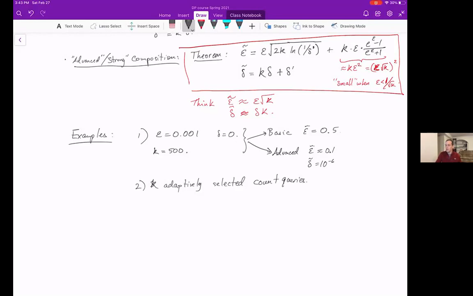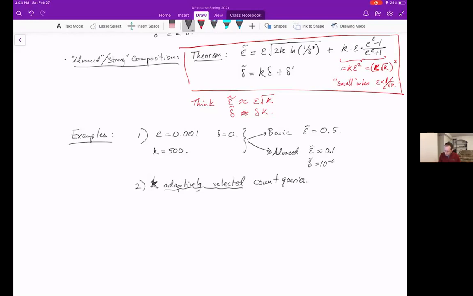What we saw with the Gaussian noise last lecture is that if those k count queries are selected ahead of time, then with Gaussian noise we can add something that scales roughly like square root of k, whereas with Laplace noise, the analysis we've seen anyway would scale with something more like k.